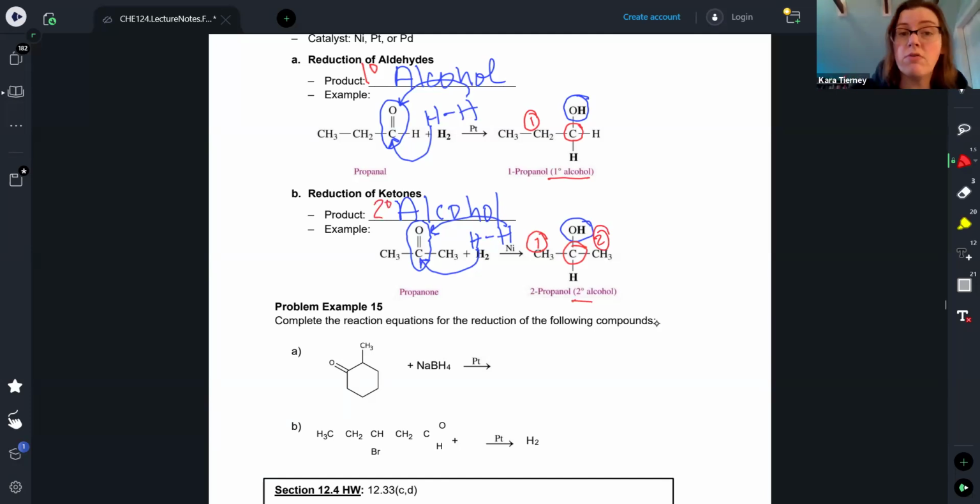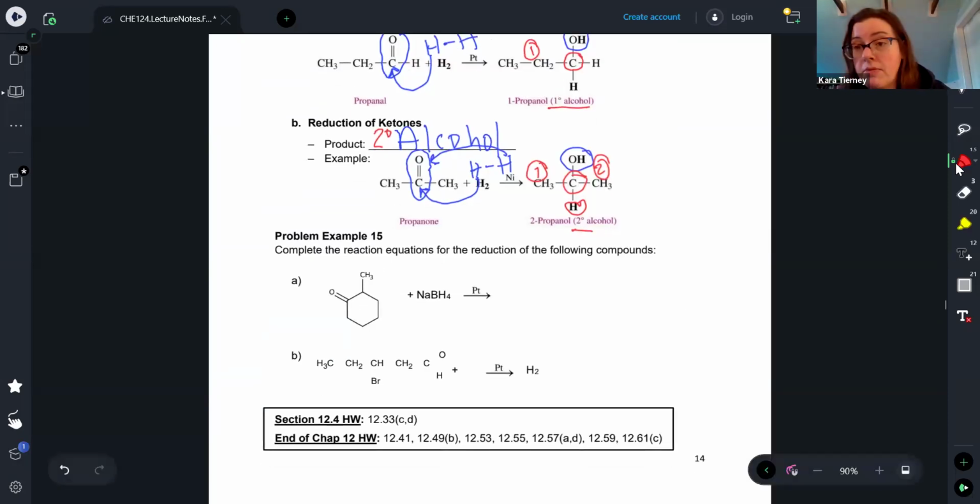Ketones produce secondary alcohols. Because we are always adding a hydrogen to that alcohol carbon, we can never produce a tertiary alcohol. Always a primary alcohol coming from an aldehyde and a secondary alcohol coming from a ketone because of the location of the carbonyl.